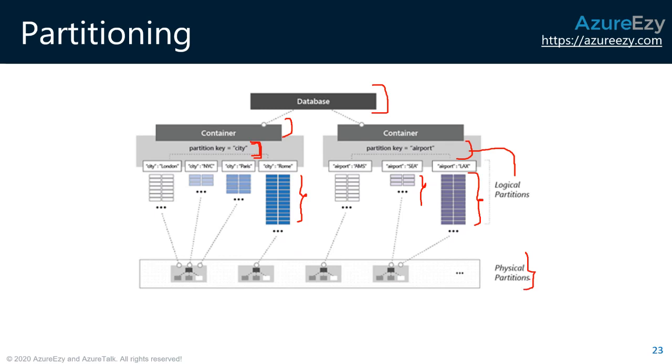And if you see closely, you'll find you have more than one logical partition mapped with this physical partition, but it's not the other way around. Like one logical is not connecting with two physical partitions. So this is the basic structure behind the scene.